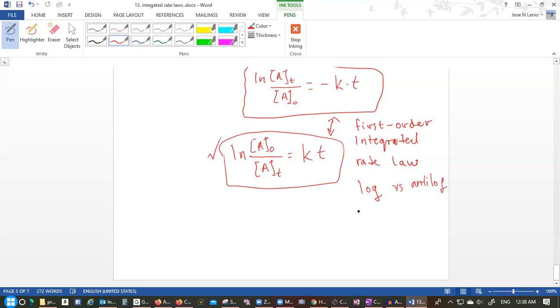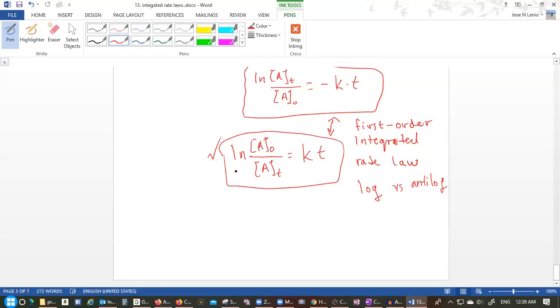You have natural log. So also you have anti-log for the natural log. In this case, you want to get rid of this natural log here because you want to have only concentrations. It's hard to operate when you have this natural log here.